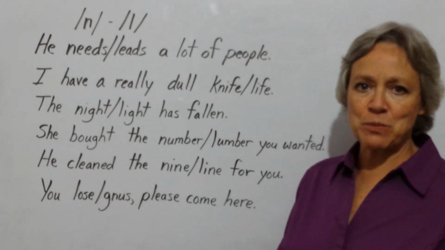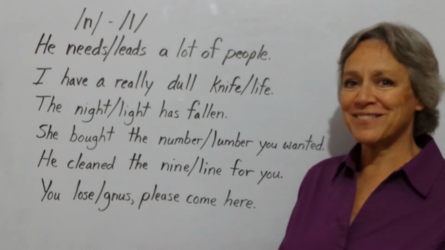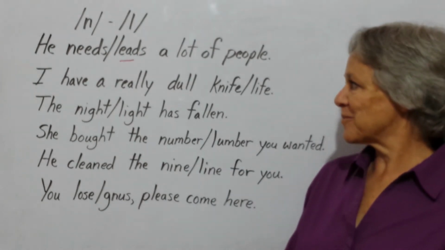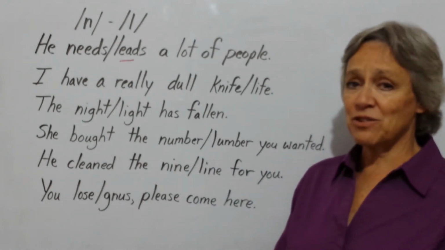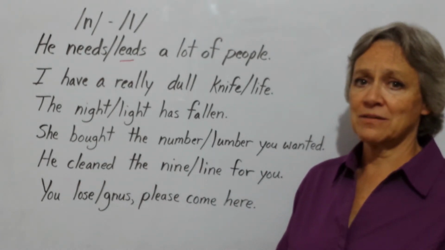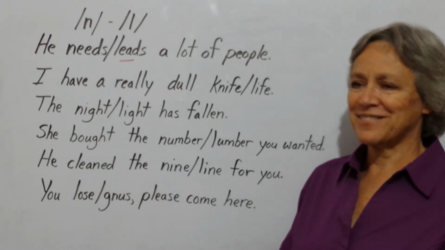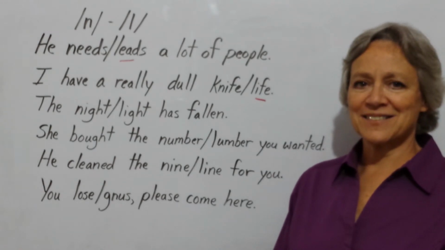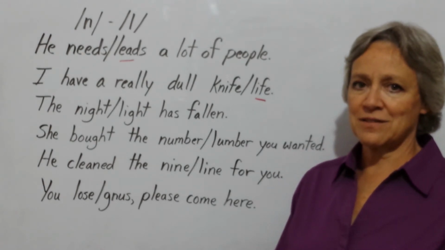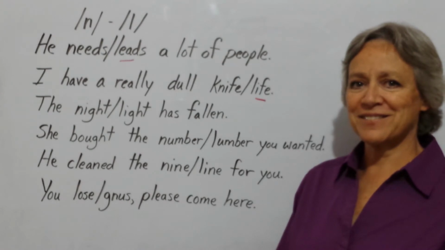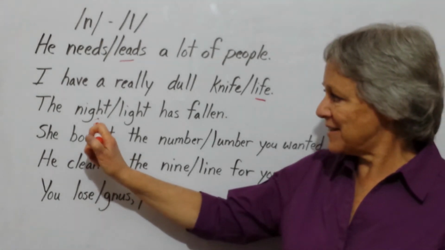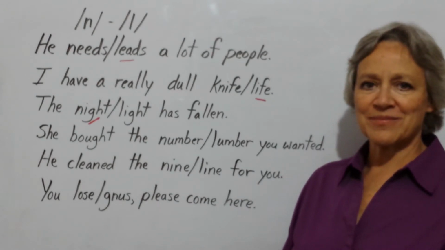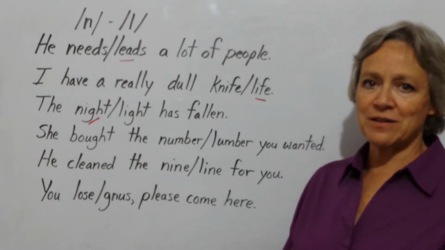He leads a lot of people. Which one? Leads. I have a really dull life. Which one? Life. The night has fallen. Which one? Night. She bought the lumber you wanted.